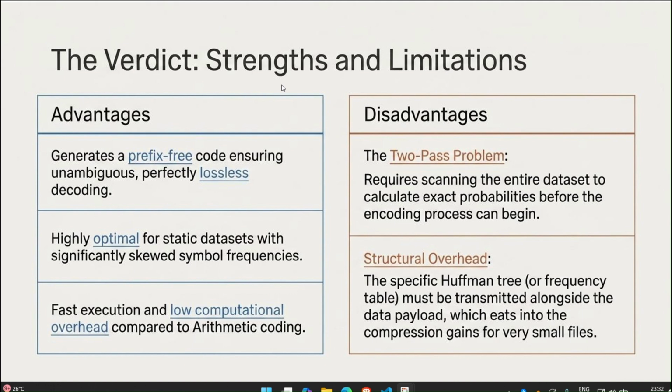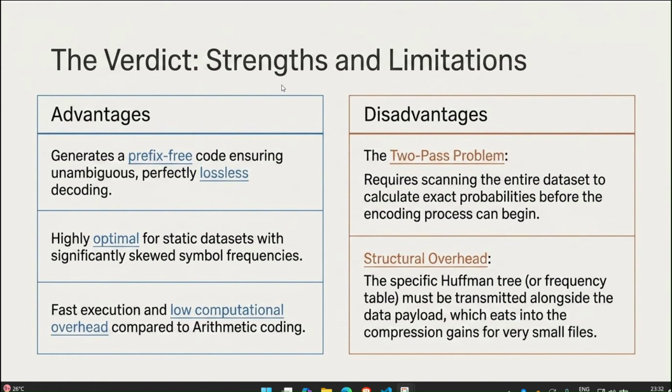Let's look at the pros and cons of using Huffman coding. Advantages: optimal and lossless. It provides an optimal prefix code, meaning the original data can be reconstructed exactly with zero information loss. Efficient redundancy reduction.